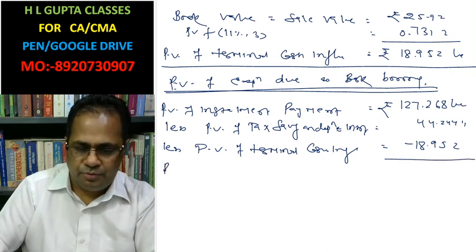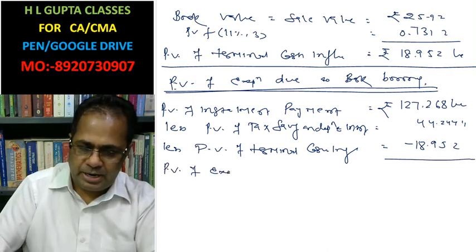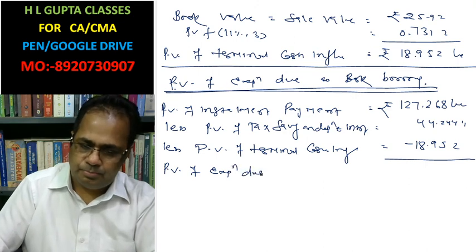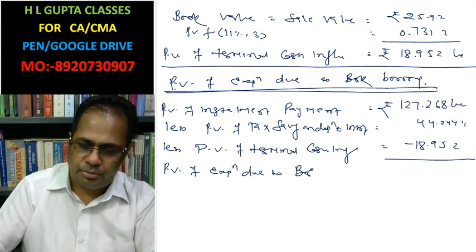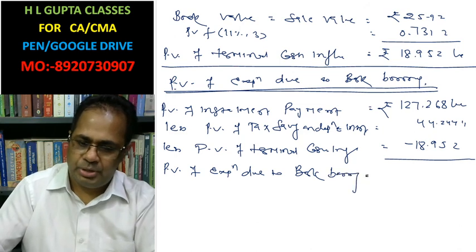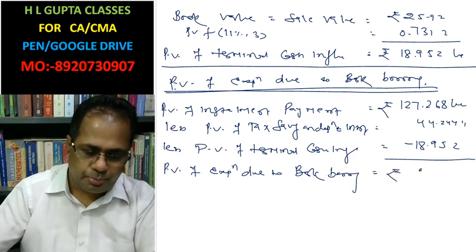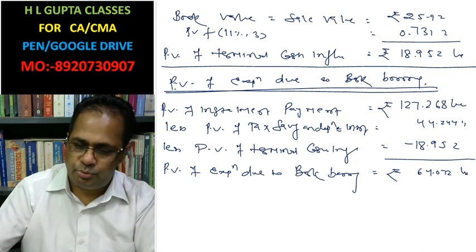Present value of expenditure due to bank borrowing is rupees 64.072 lakh.